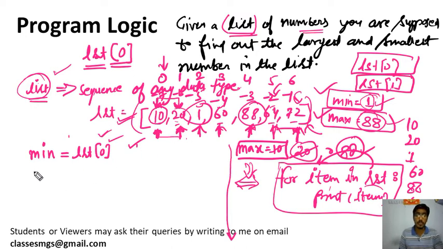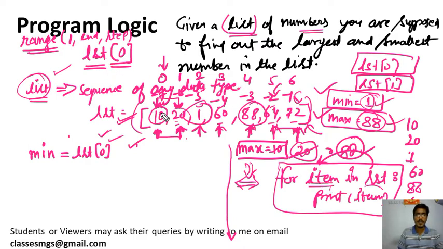Here I can also use the range function. If any student knows the range function, then he can use it too. He can pass the starting position and then the ending position, and then pass the step argument. This is how you can use the range function. I will show you both ways.